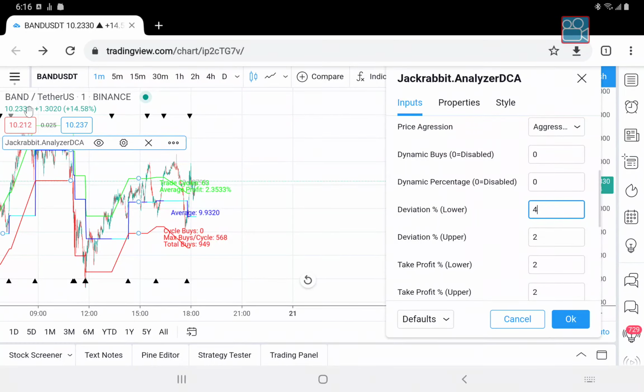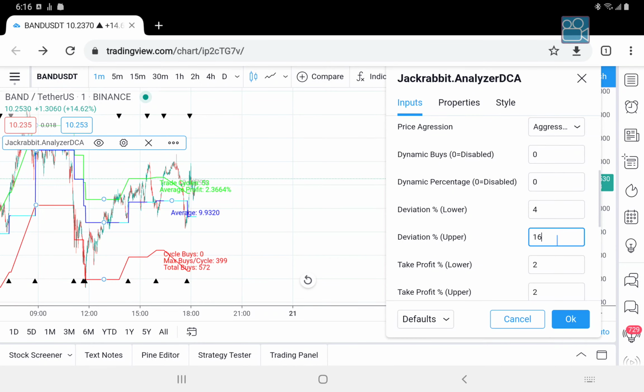A coin like this that is just absolute chaos, I'm going to go 16%. So lower deviation, 4%, 16% for the upper deviation. Look how much it's already reduced the max buys per cycle.